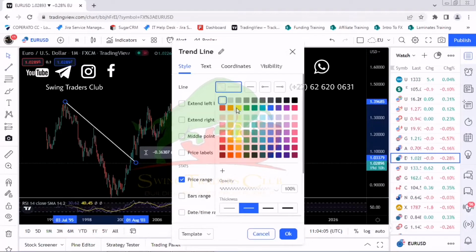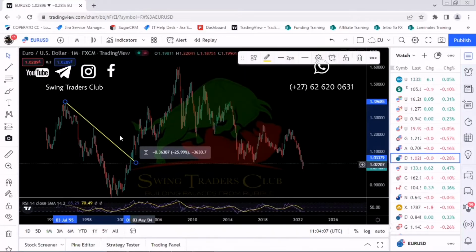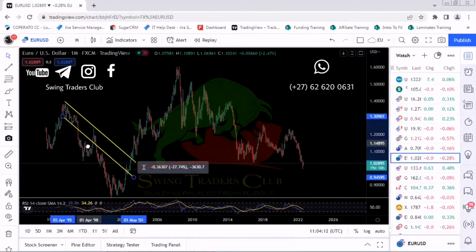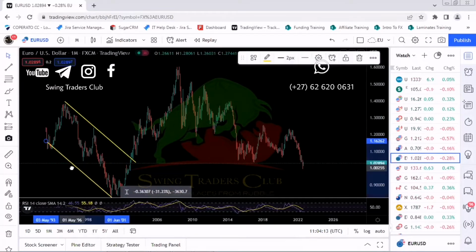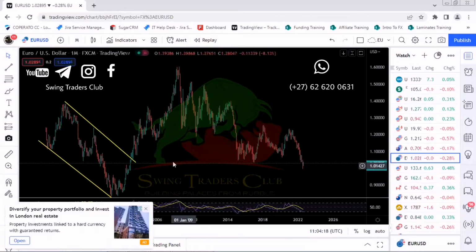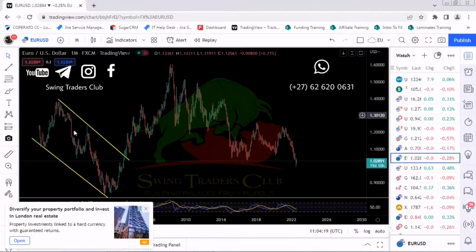I love to use yellow for my major trends. As you can see, there was a sort of channel which was formed from that point to that point, and then the market had to move in a downtrend, and then there was a breakout there. So this is what we call a trend. The market was trending in this format.